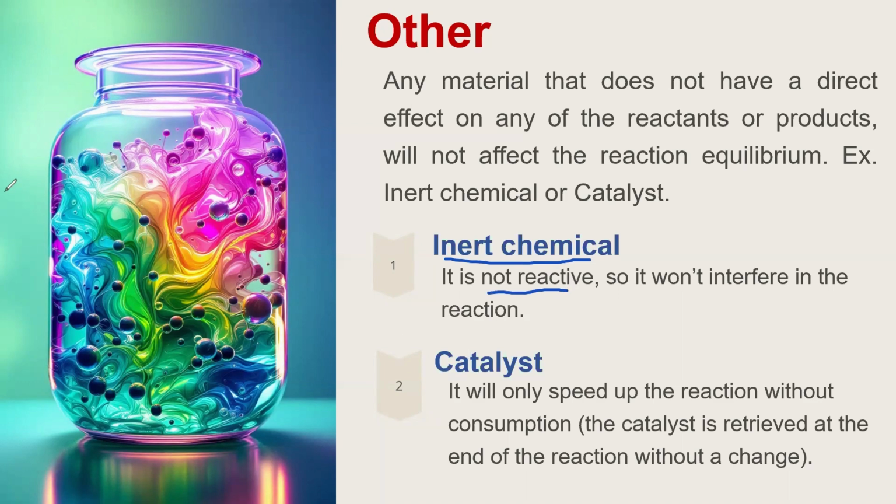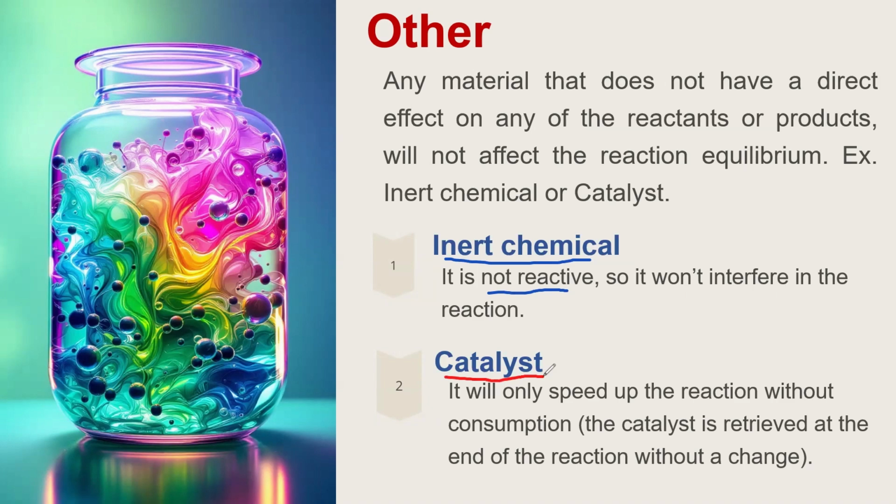A catalyst is a substance that can speed up the reaction, but it won't interfere in the reaction. It won't be consumed during the reaction, because at the end of the reaction, the catalyst will be retrieved to its original state again.